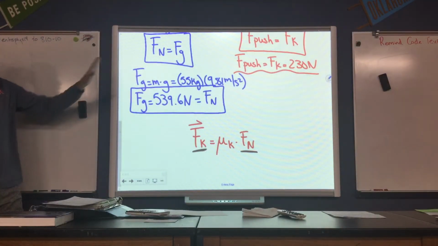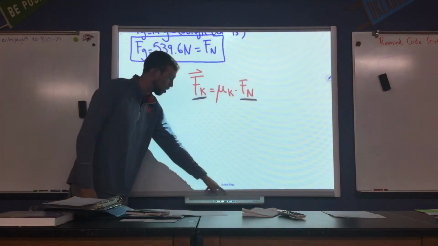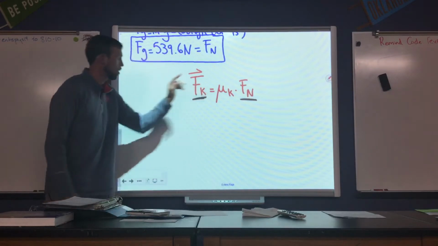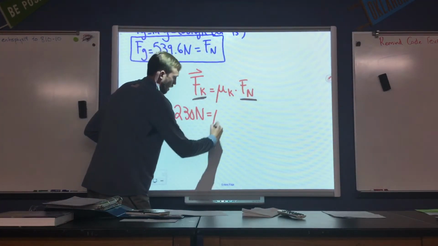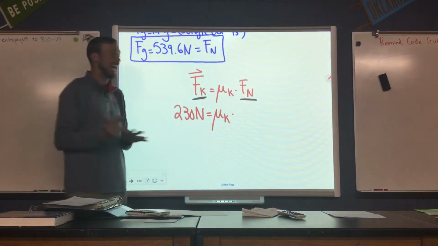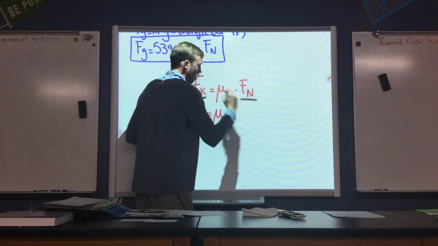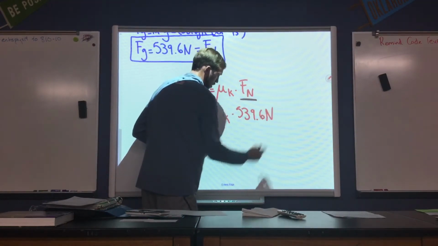Okay, so now we know Fn, we know Fk, which gives us enough information to solve for our coefficient. So Fk, 230 newtons, is equal to our coefficient, what we call mu sub k, times our normal force, which we determined to be 539.6 newtons.